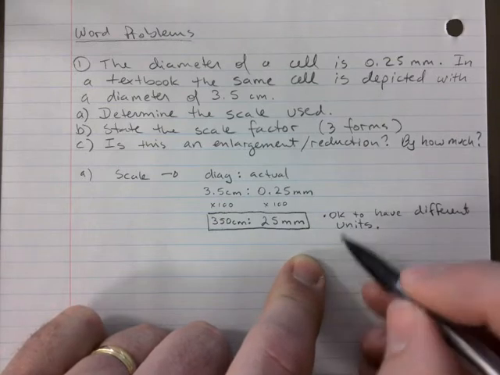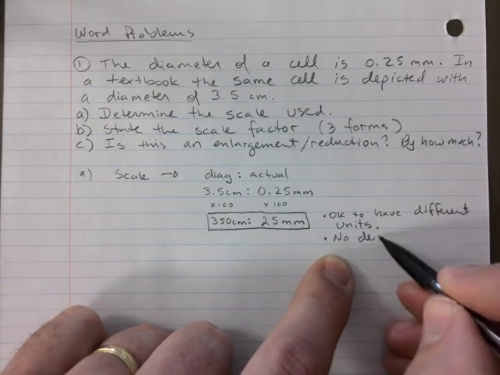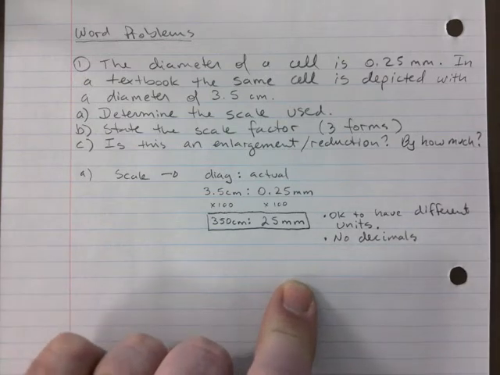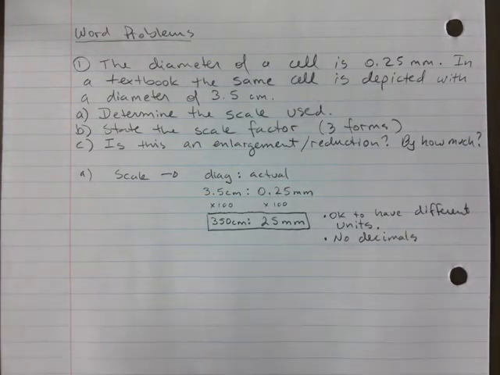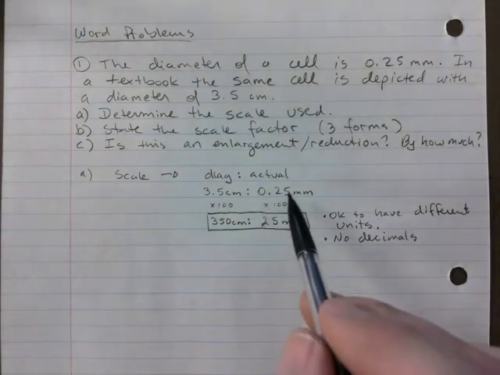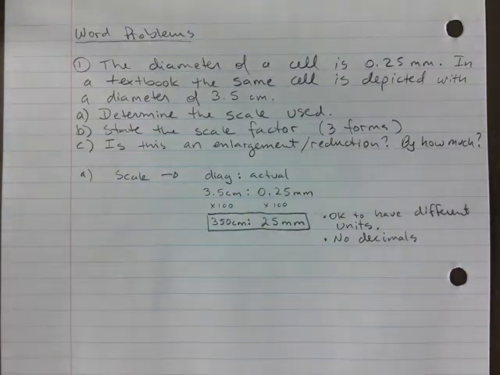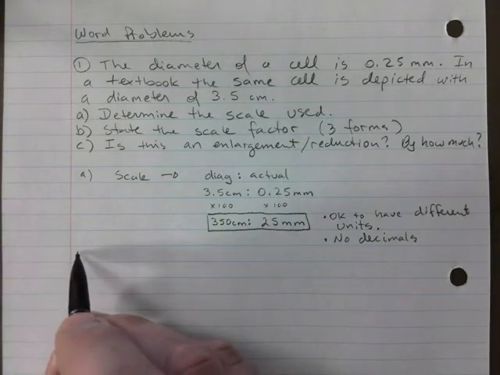It's okay to have different units, but it's not okay to have decimals. So the side that has the most decimals is the one you multiply both sides by. If this one had 3 decimals, you would multiply by 1,000 and by 1,000, and then you get it to a non-decimal state.